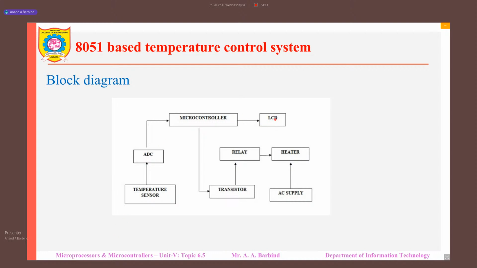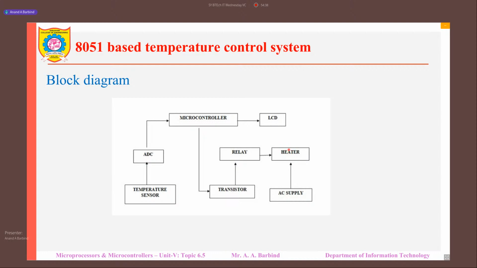In addition to this, this particular display can be used to indicate whether you are going to put on the heater or not. So the way to control your temperature is the heater. By using the heater, you control the temperature in that particular room.